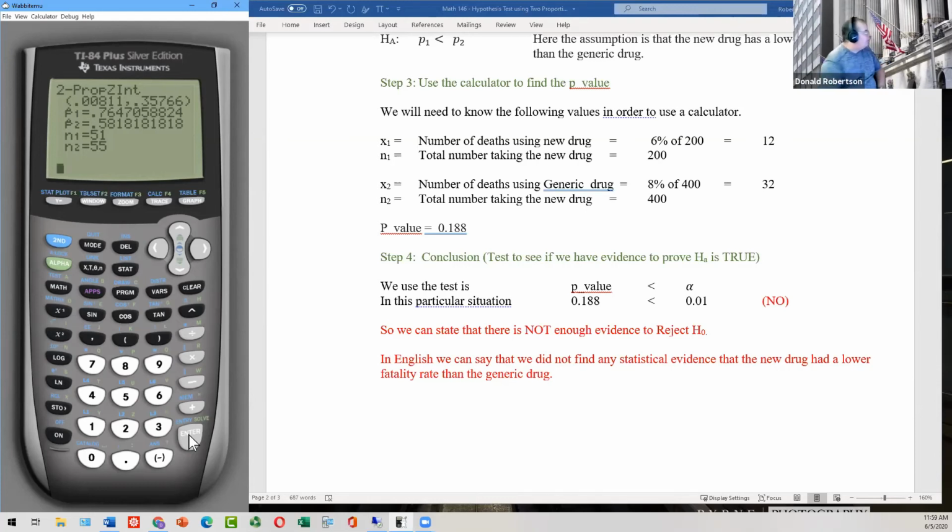It even tells you other things that you might or might not want to know. 76% in the first group, 58% in the other group, right? Now this is the confidence interval as a decimal. If you multiply it by 100, you get that answer.